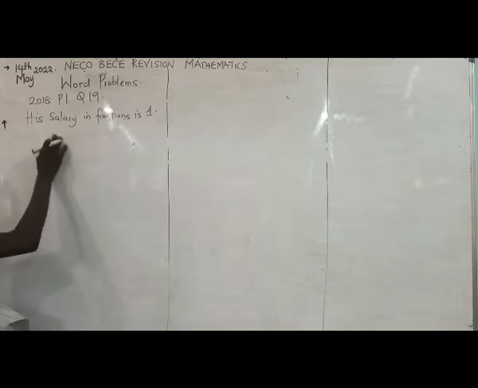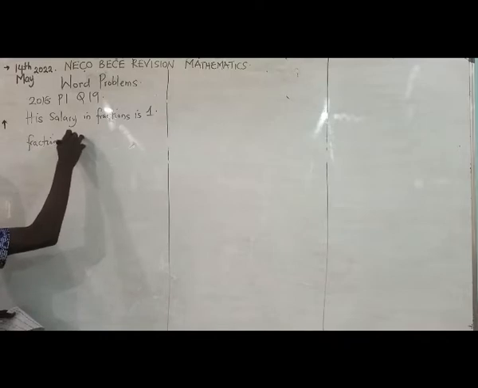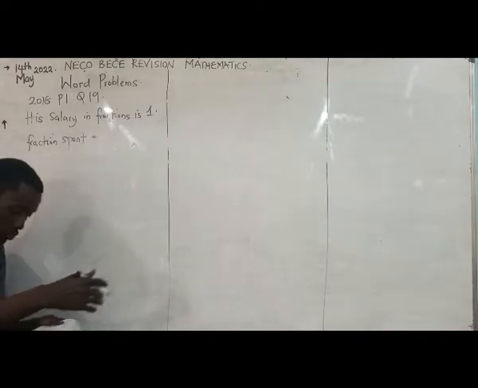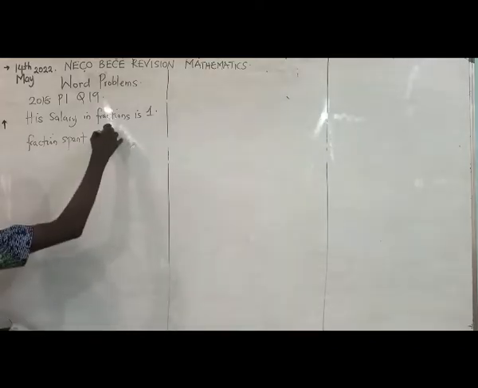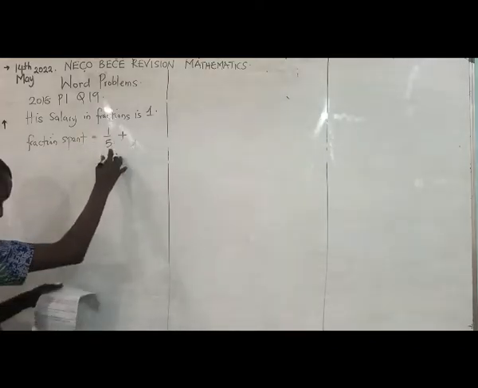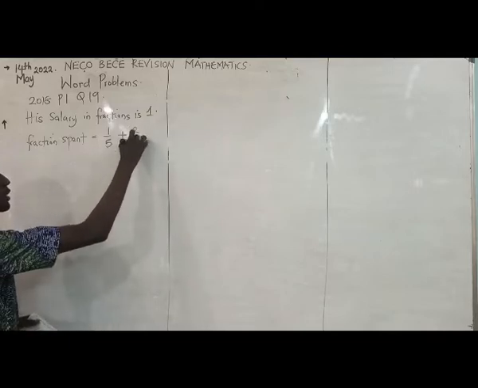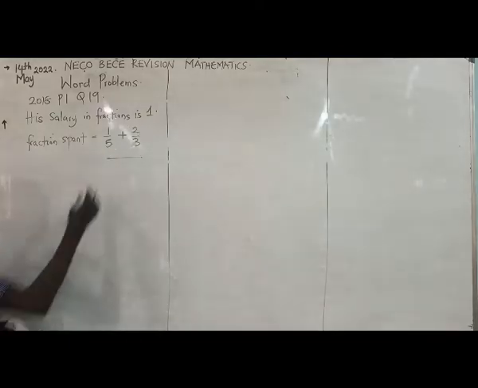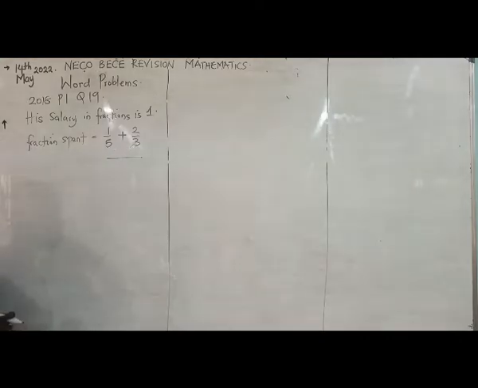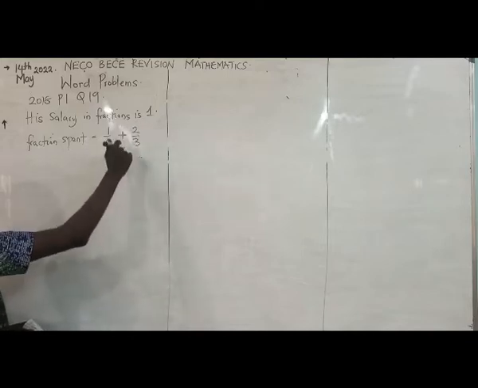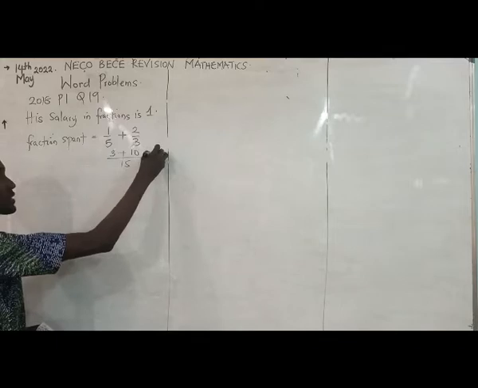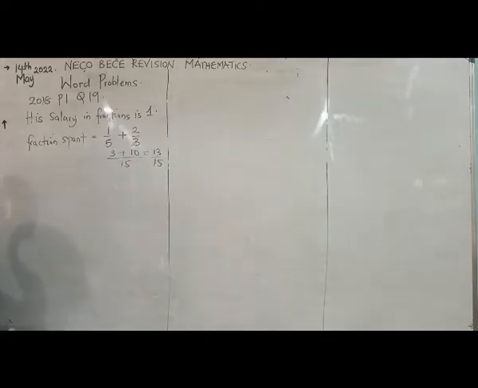So the fraction spent, whether on shoes or on school fees, is 1/5 plus 2/3. We take the LCD. The LCD of 3 and 5 is 15. That will be 3, 5 times 2, that will be 10, and that will be 13/15. Is that clear?